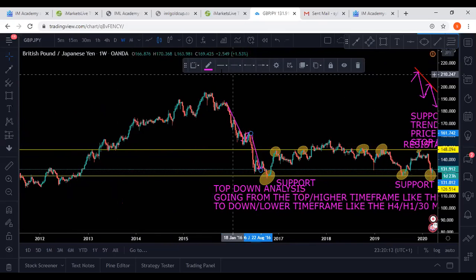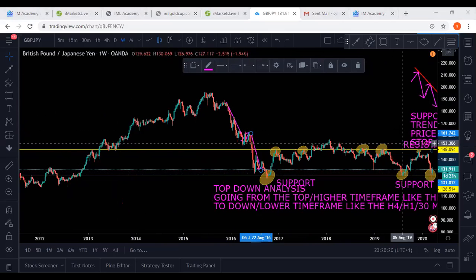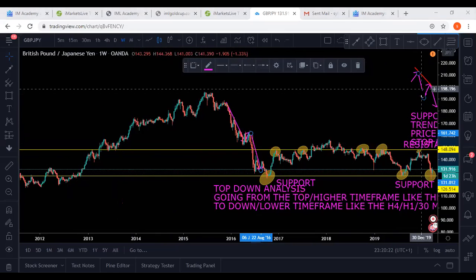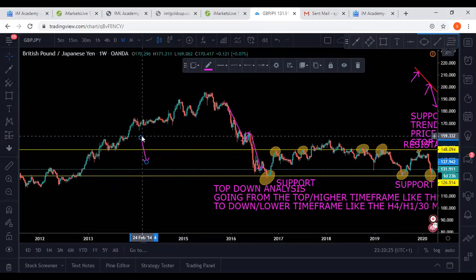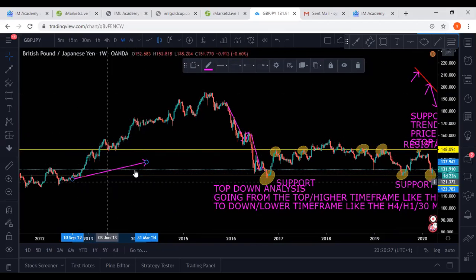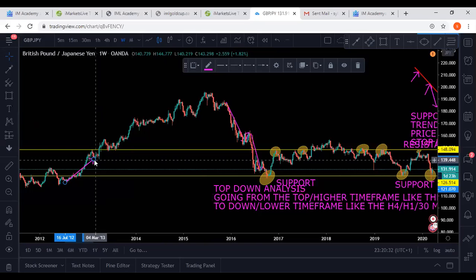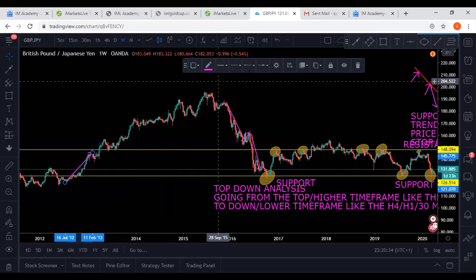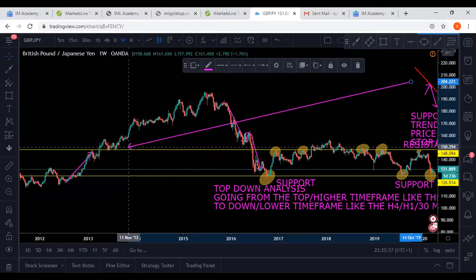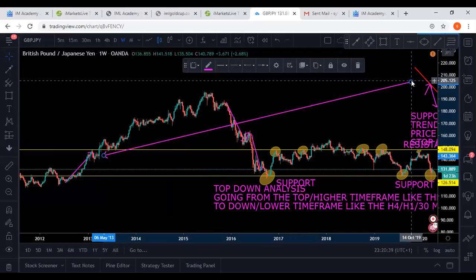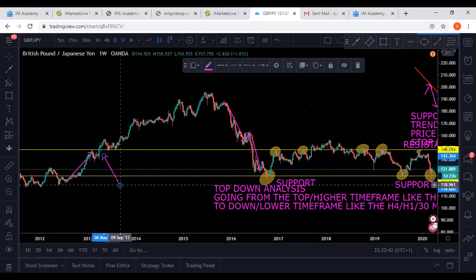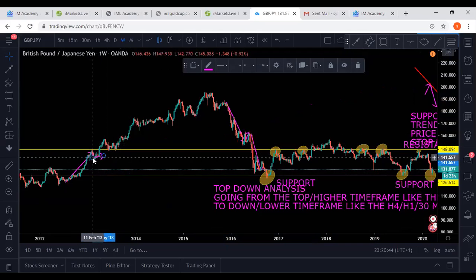And right here, this is what an uptrend should look like. Only Amaka can see it. That's weird. Okay, this is what an uptrend should look like, right here.